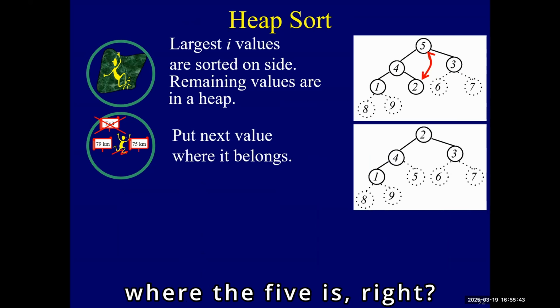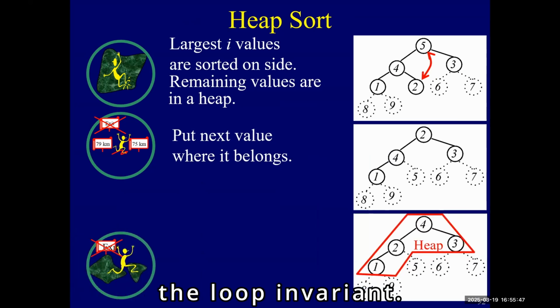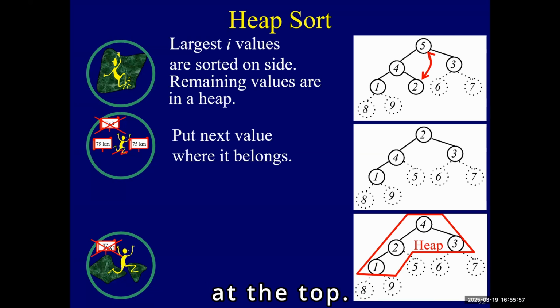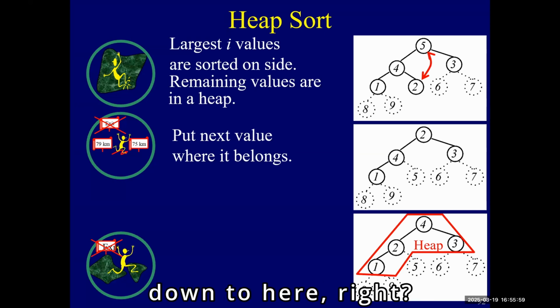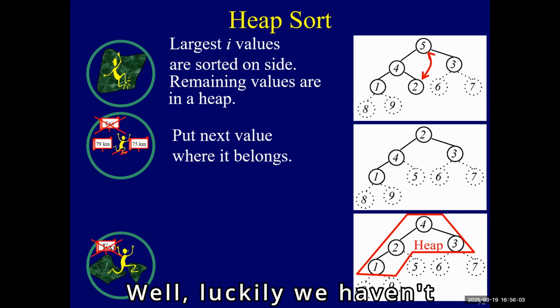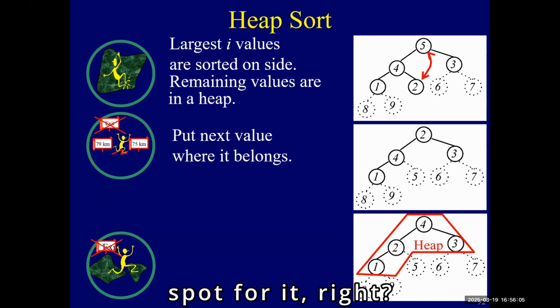So the 2 goes up where the 5 is, right? And then we maintain the loop invariant. The 2 has to bubble down again. Then the 2's at the top, so the 2 bubbles down to here, right? And where does that 5 go? Well, luckily we have a spot for it, right?